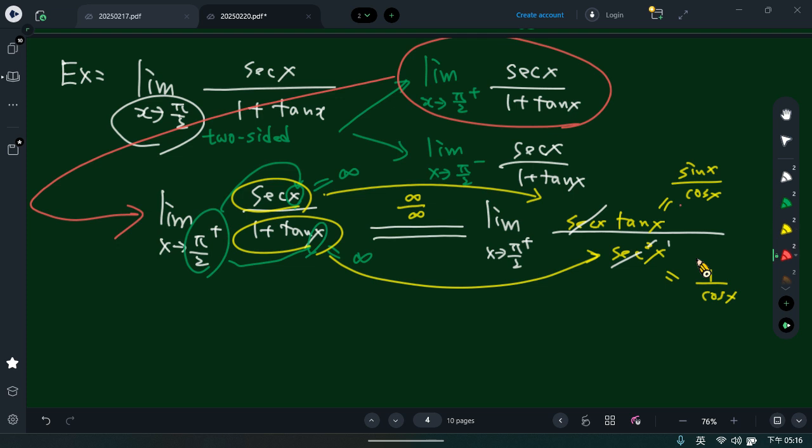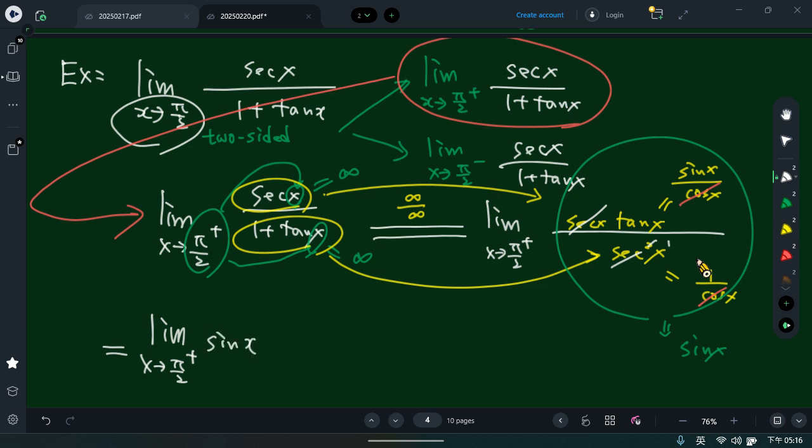So we can cancel these two parts. Finally, the whole result becomes sine x. So the limit as x is approaching 1/2 pi plus of sine x, and the result is 1.